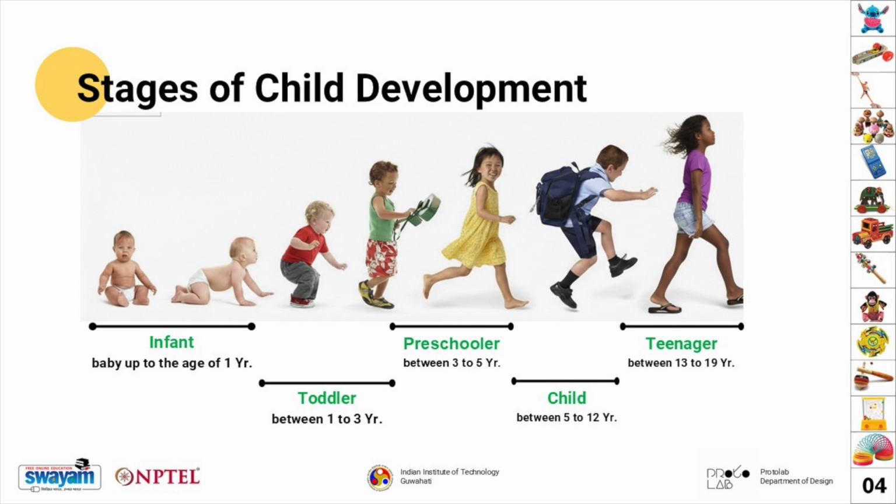Play does not stay the same as children grow, and that's because children themselves are changing. In infancy, play is largely sensory and exploratory. An infant may simply stare at light, mouth an object, or enjoy repetitive sounds.